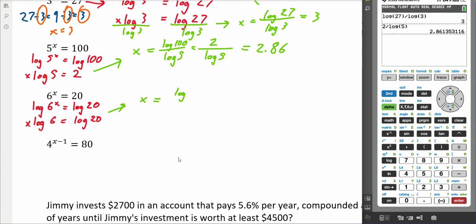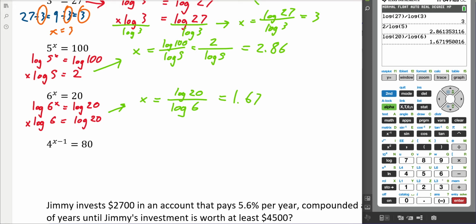So we have log 20 divided by log of 6. And now we can just plug it into our calculator. Log 20 divided by log 6, and so we get 1.67. We're going to leave it there.